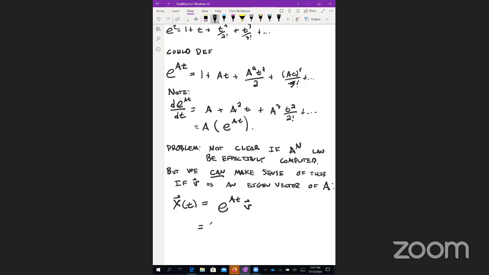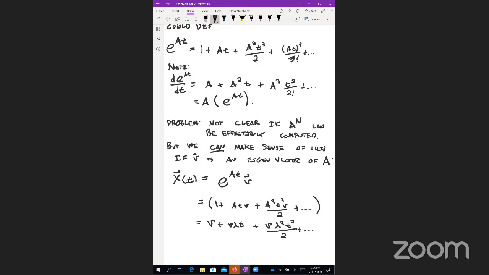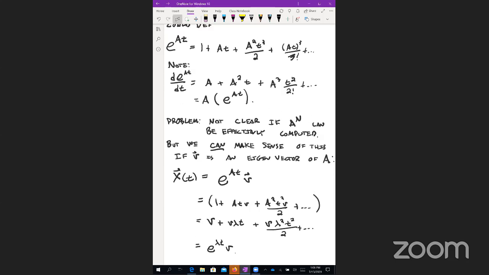And what is this? Well, we do our power series expansion. 1 plus at times v plus a squared t squared times v over 2, etc. And what do we get? We get v plus lambda t times v plus v times lambda squared times t squared, sorry, there should be a square there, over 2. And all of a sudden, this looks like e to the lambda t times v. Great. And so this is an example of a solution.